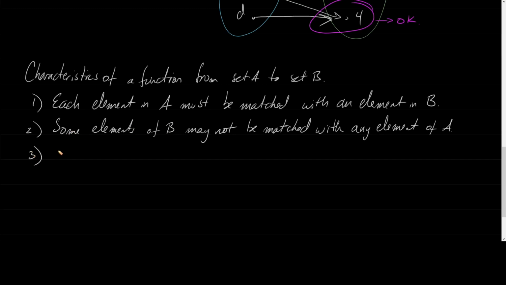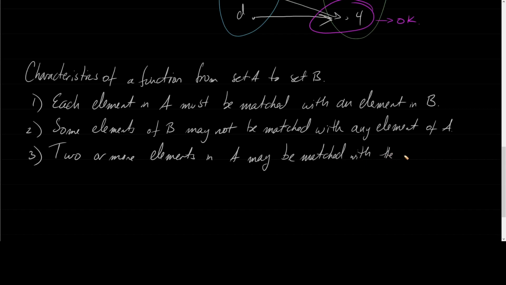Two or more elements in A may be matched with the same element in B. All right, so we have multiple things in some set A going to the same element in B.